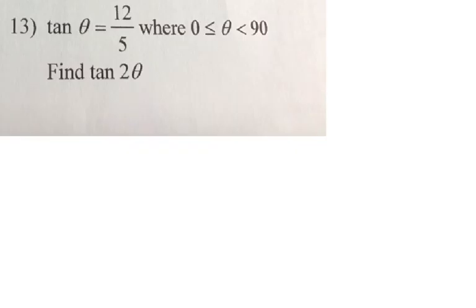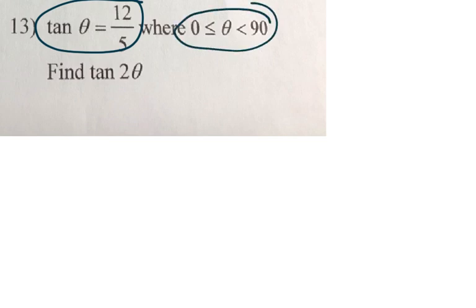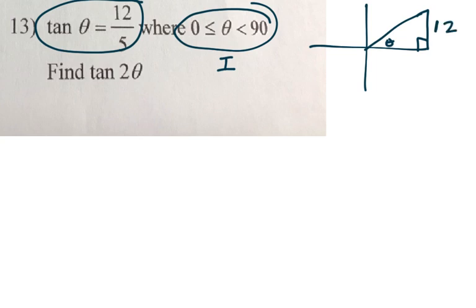Okay, so here we have the tangent of theta is 12 over 5. We're told we're in quadrant 1, 0 to 90 degrees. So when I do my sketch, I hope you agree theta is going to be in quadrant 1 like so, and the tangent is 12 over 5. Now remember, tangent's always the opposite over the adjacent to my angle theta.